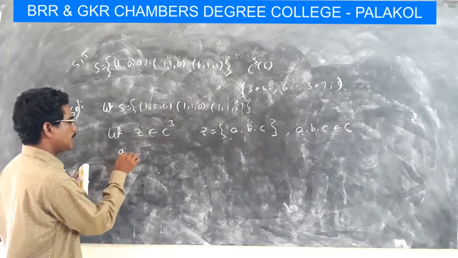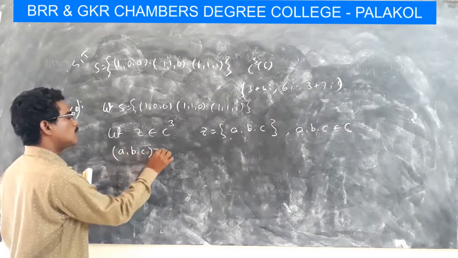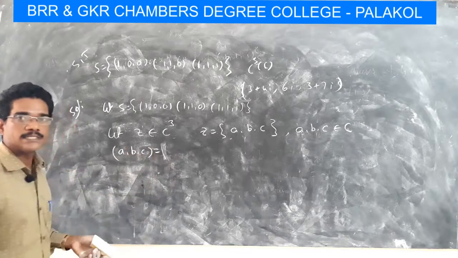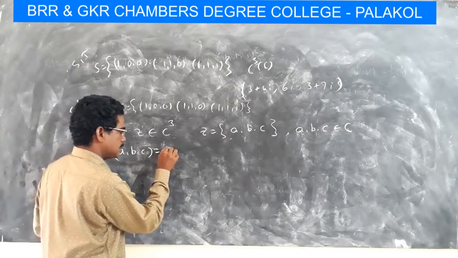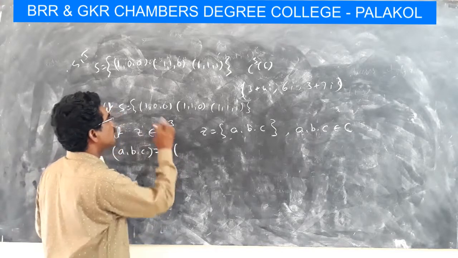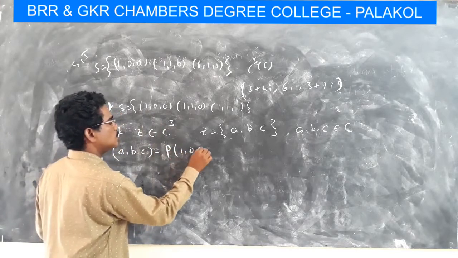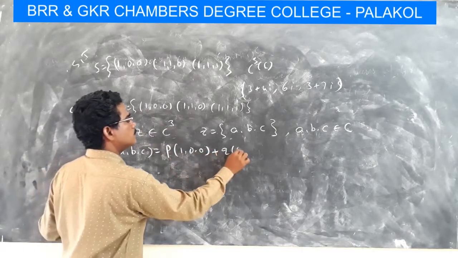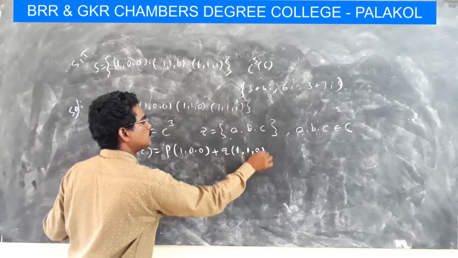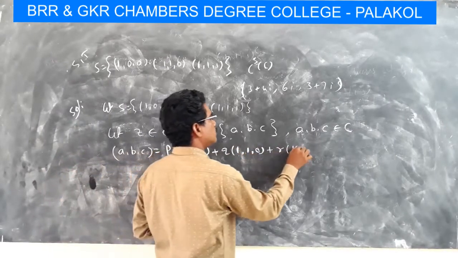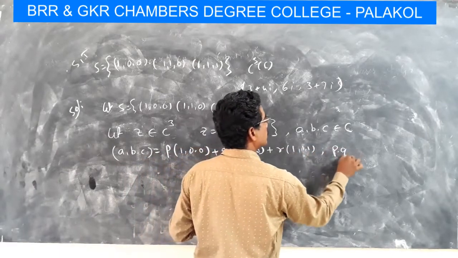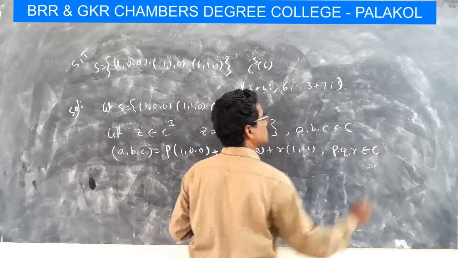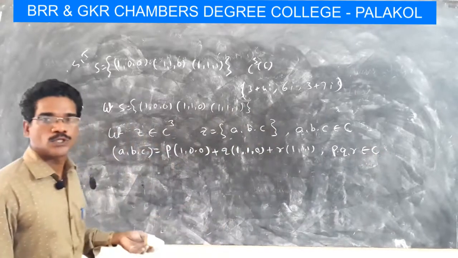Now (A, B, C) equal to a linear combination: P times (1,0,0) plus Q times (1,1,0) plus R times (1,1,1), where P, Q, R belong to C.